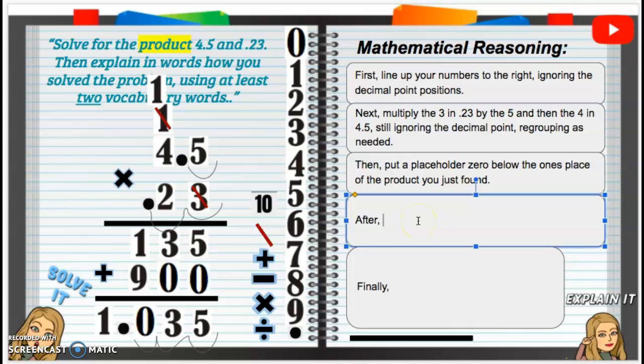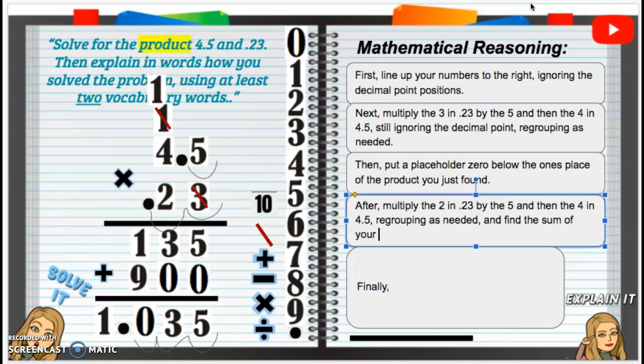After, what did we do after we put that placeholder 0? Oh yeah, we multiplied that 2 through. So after, multiply the 2 in 2300ths by the 5 and then the 4 in 4 and 5/10ths, regrouping as needed, and find the sum of your two products.